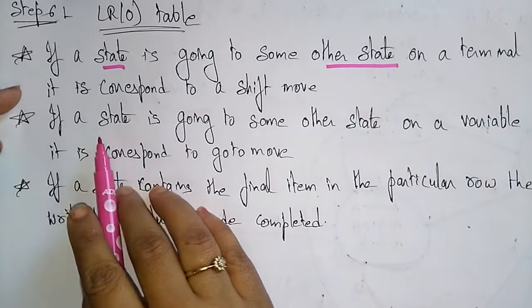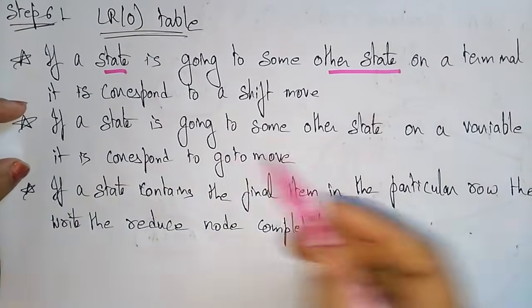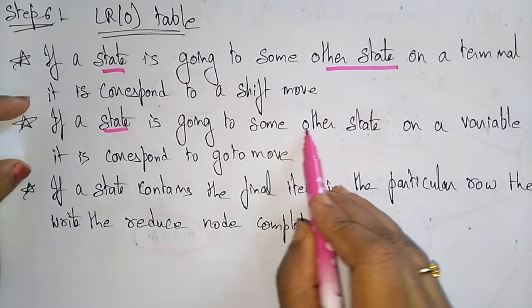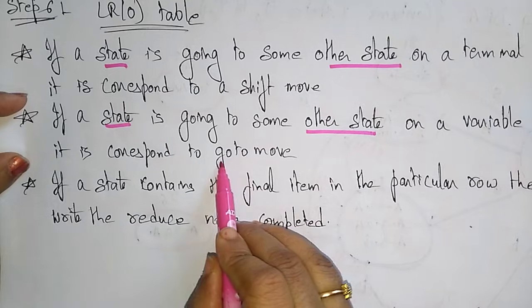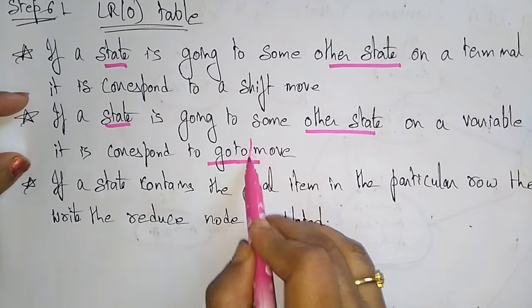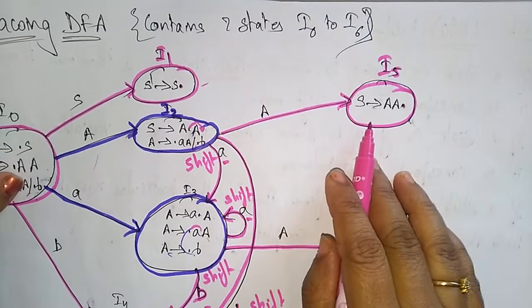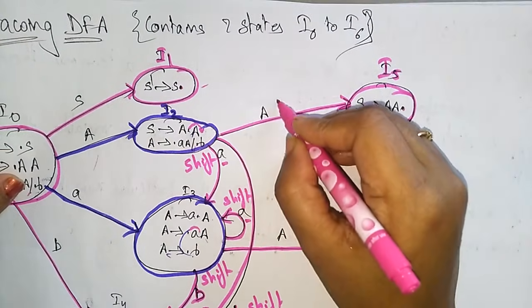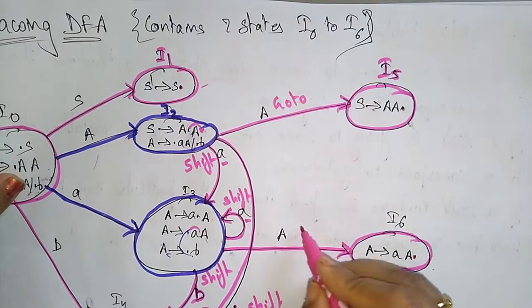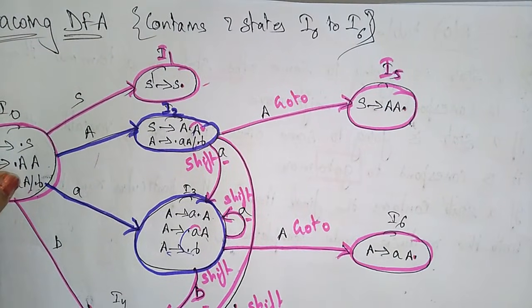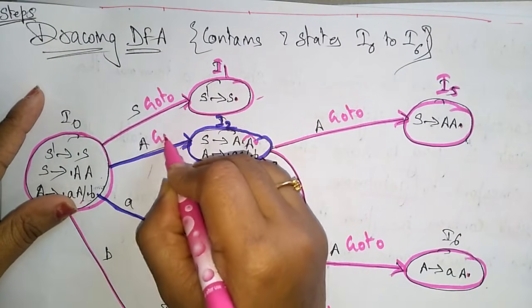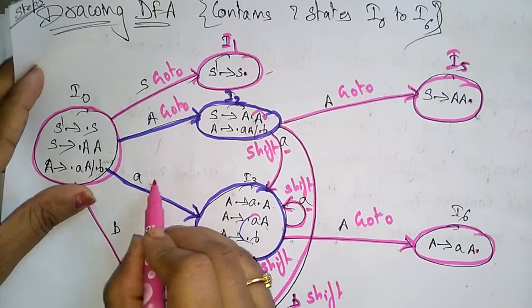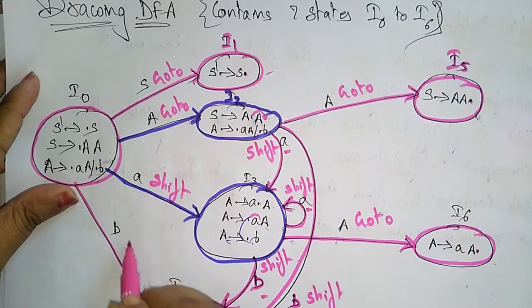Remember that. If a state is going to some other state on a variable, then it corresponds to a goto move. This is goto, and this is a terminal, meaning shift.